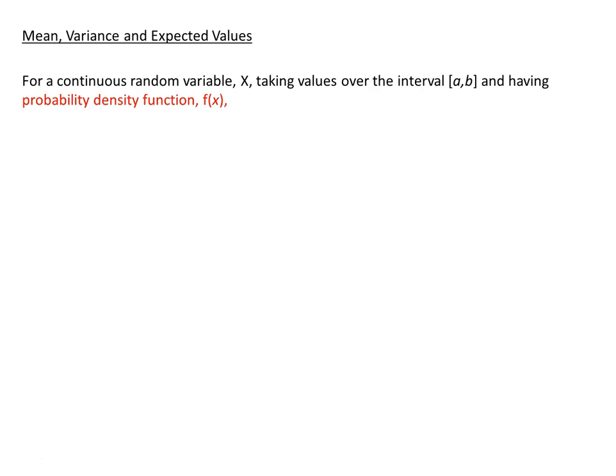If we have a continuous random variable x with a probability density function little f of x, then the mean is obtained by integrating x times f of x, and the mean is the same thing as the expected value of x.